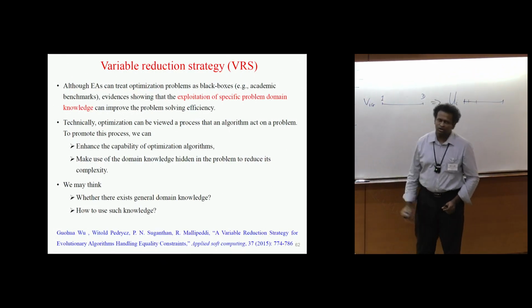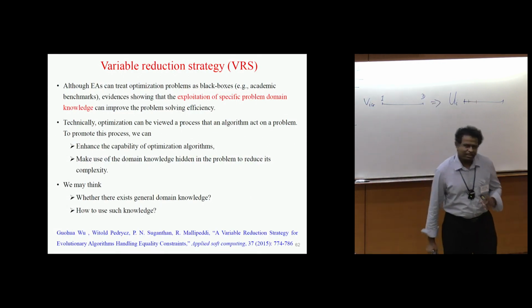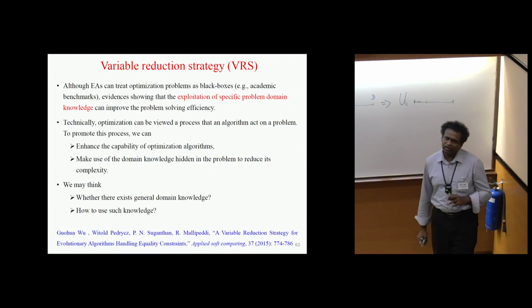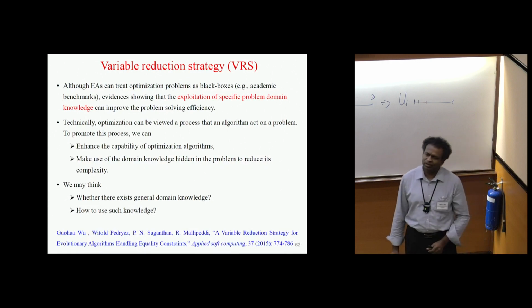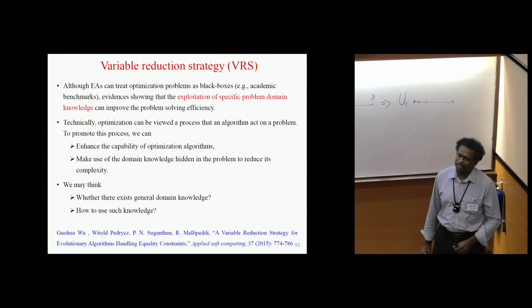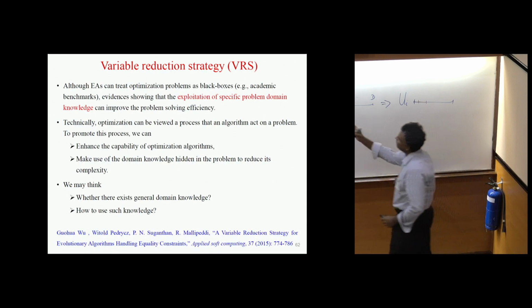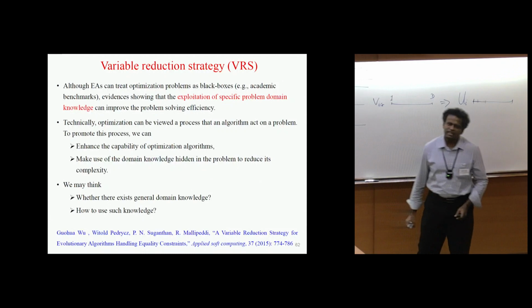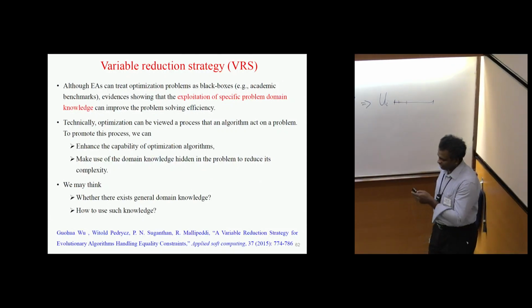Using the equality constraints, you can reduce these variables, because most of the time equality and inequality constraints are given by equations. If you have equations, sometimes you will be able to make use of them to reduce the variables. So the problem space will become smaller and the constraints can be satisfied perfectly. This work was published in Applied Soft Computing.